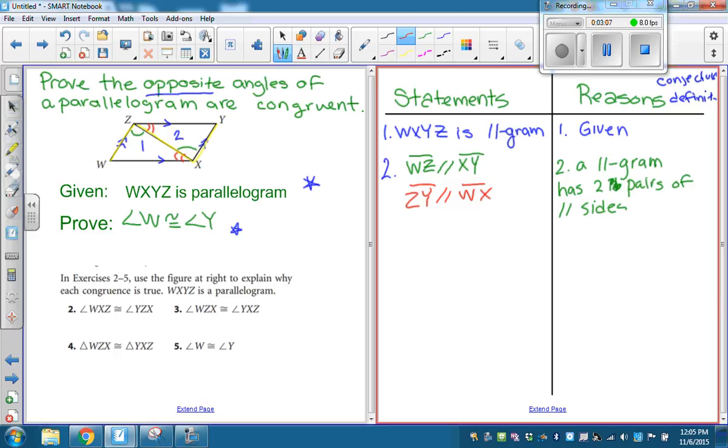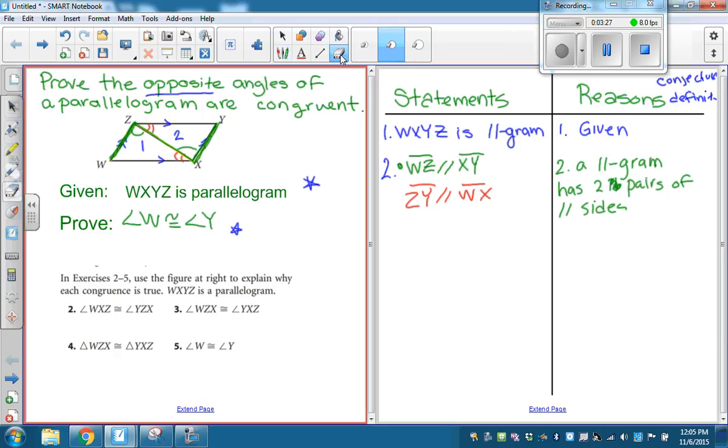So the result of the green step: since WZ, which is right here, is parallel to this, I know that angle WZX is congruent to YXZ. To make things easier, a lot of times you will see the angles numbered. Don't you number them, but the book will number them, or I'll number them.